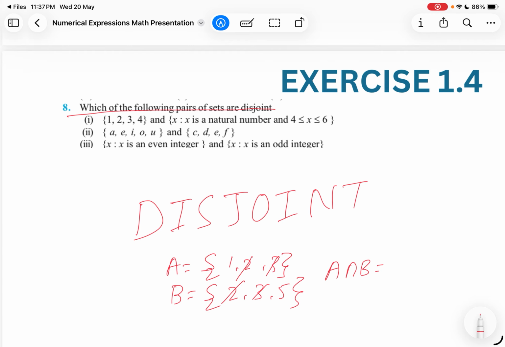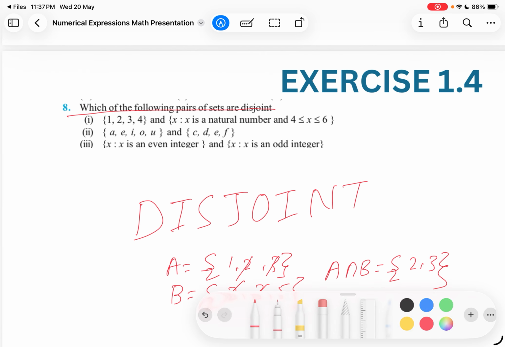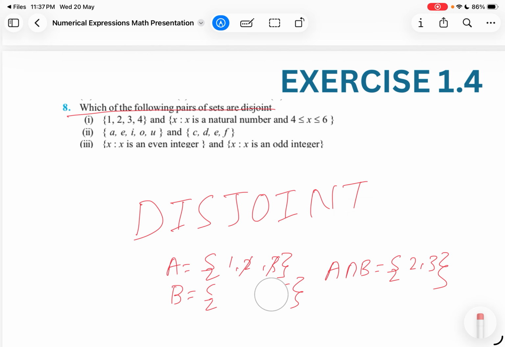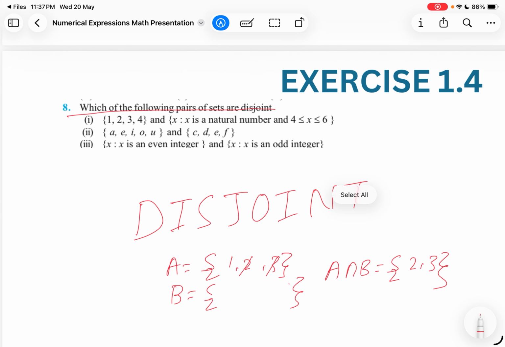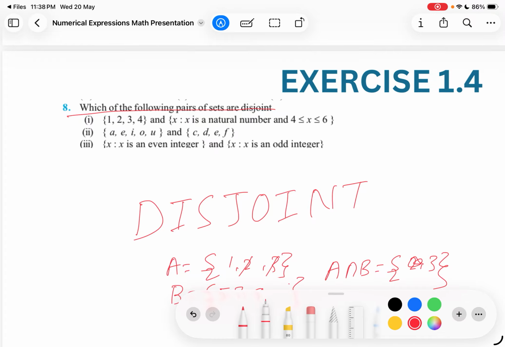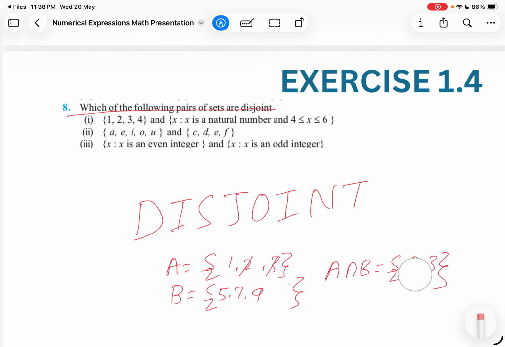All the common elements in both, so it will be 2 and 3, right? Suppose in B we have elements like 5, 7 and 9. Now tell me what is common in both. It's nothing.